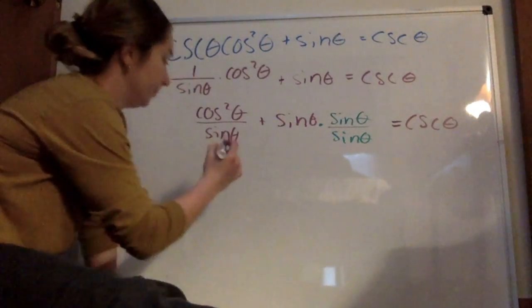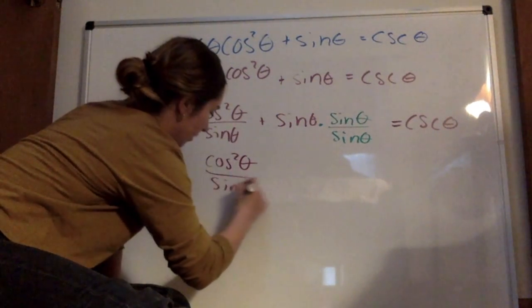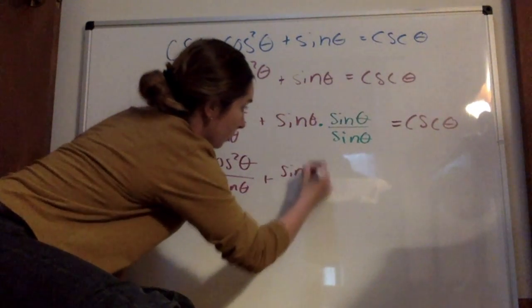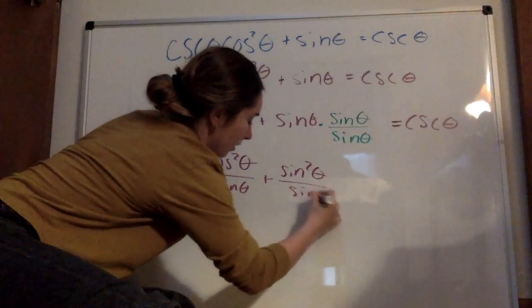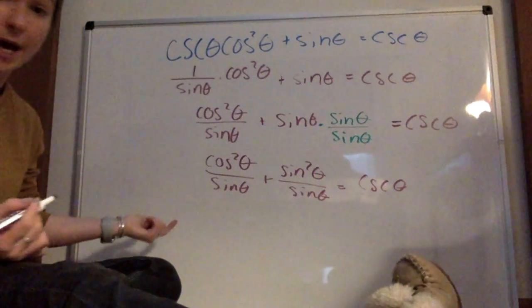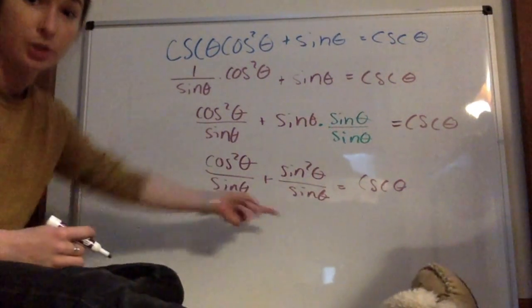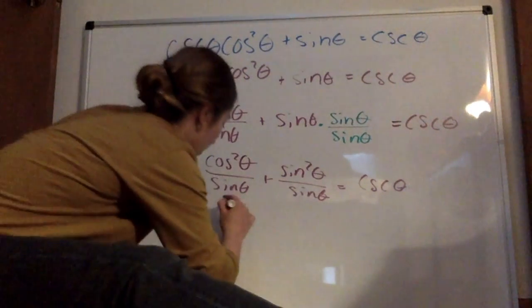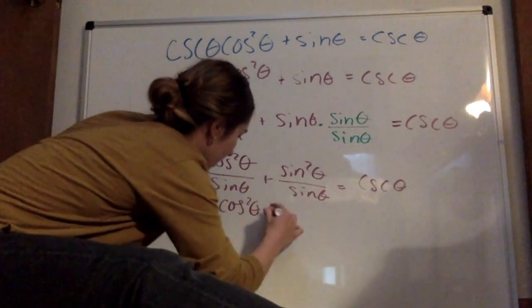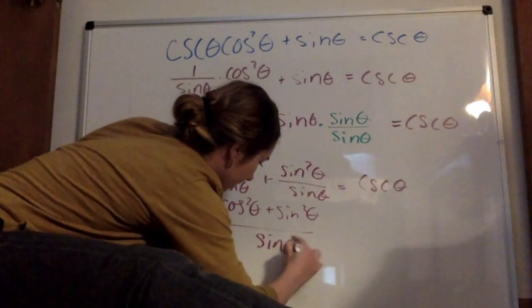So now I have cosine squared of theta over sine of theta plus sine squared theta over sine of theta equals cosecant. And now I can add with properties of fractions because they have a common denominator. So now I have cosine squared plus sine squared all over sine of theta.